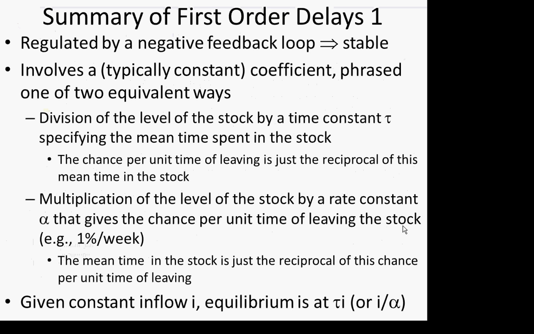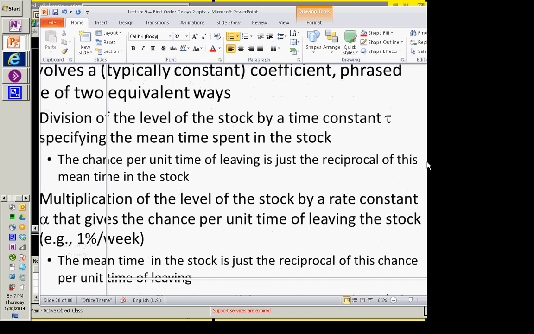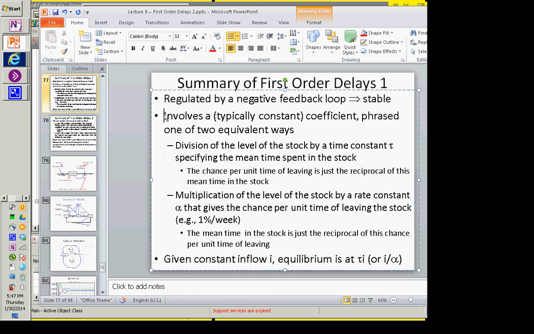a typically constant coefficient of some sort that can be phrased in one of two ways. We can phrase it as basically a stock with a flow out. The flow out involves a typically constant coefficient phrased in one of two ways.